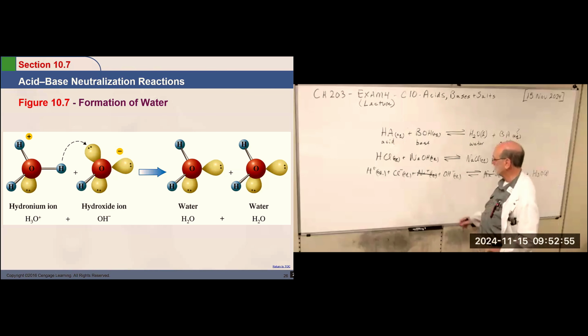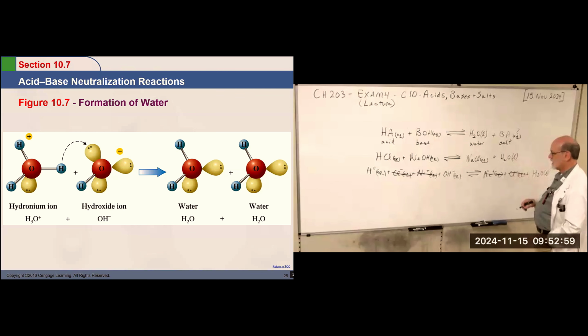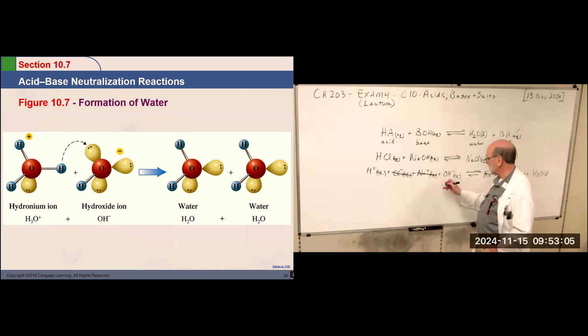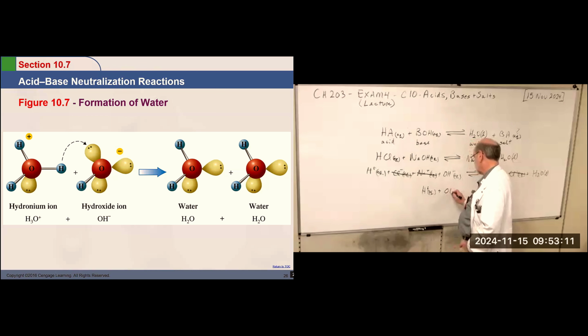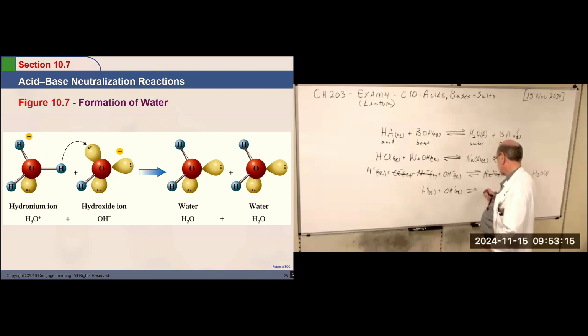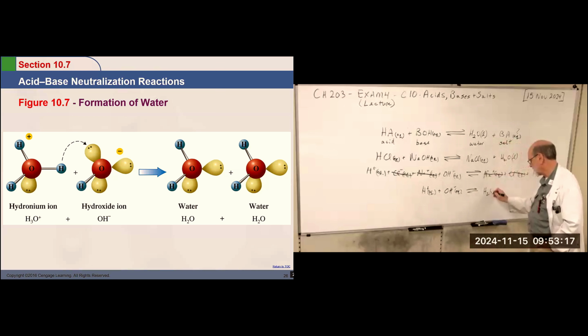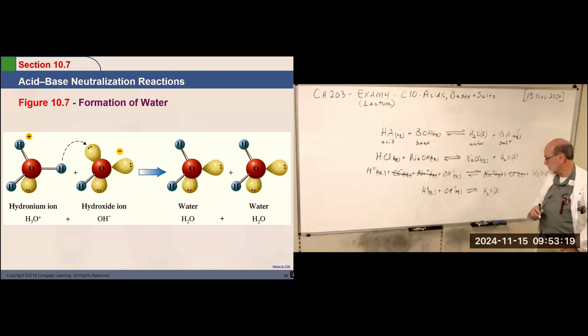Same thing for the chlorides, right? So what do you have left over? We can't cancel the hydrogens or the hydroxides or the water. So what we have is the net ionic equation for an acid-base reaction is that.